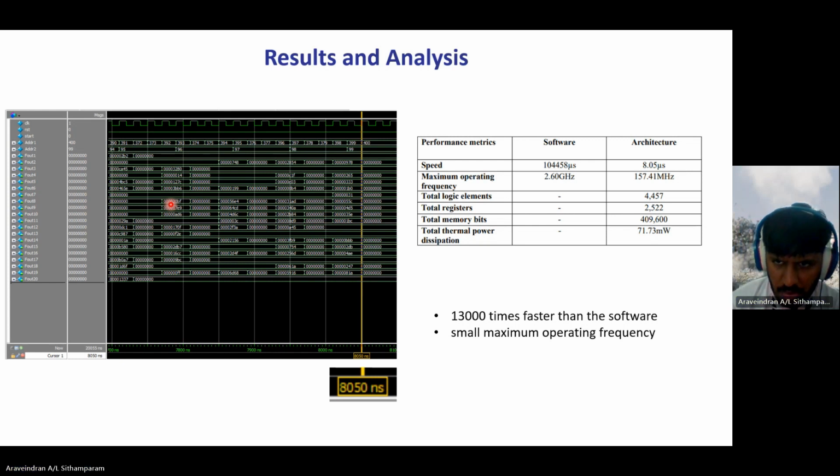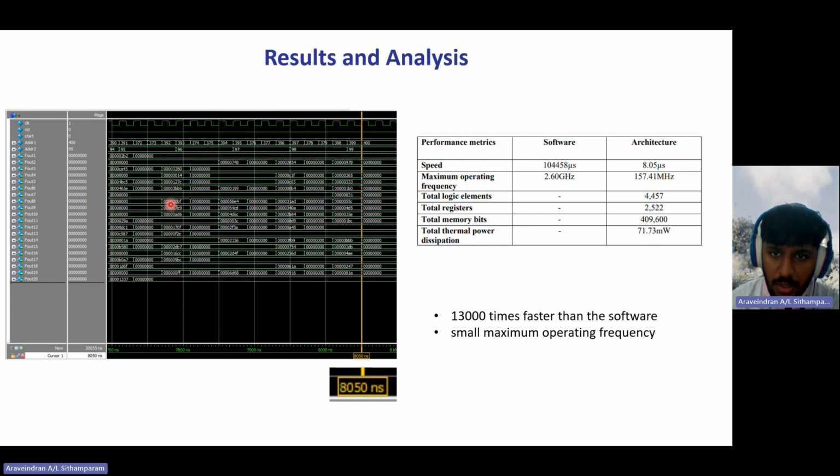If we did the same set of data in MATLAB, it took around 104458 microseconds, while the hardware implementation took only around 8.05 microseconds.